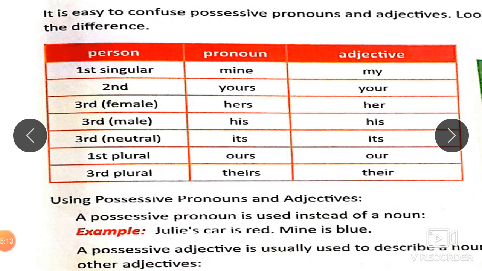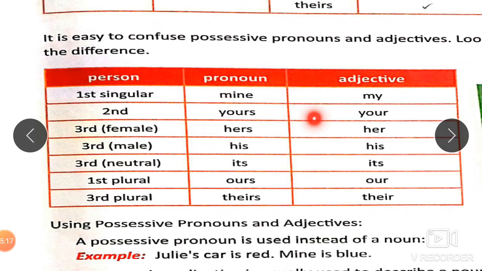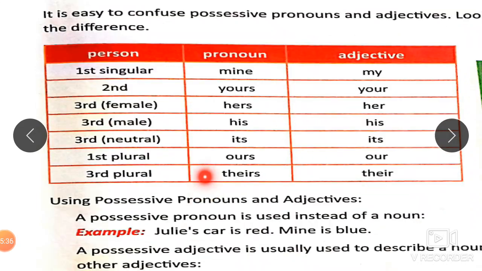So for you, the foremost thing is to learn these words which are used as pronouns and which are used as adjectives. Once you're clear with this and you're thorough with this, you will never make a mistake in identifying possessive pronouns or possessive adjectives. Now let us take some examples to see how these vary in the sentences.